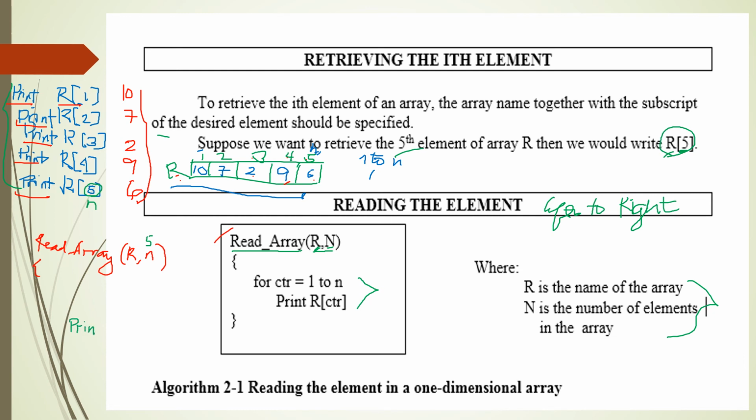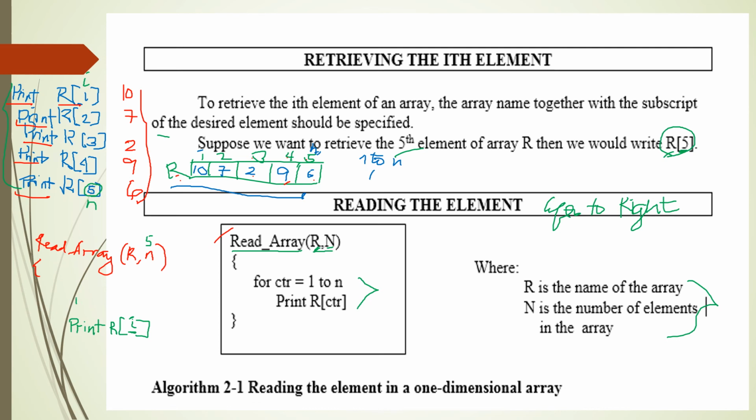So, what are we going to print? We're going to print R sub 1, 2, 3, 4, 5. So, we will replace a variable for these numbers 1 to 5. We could replace that with I. Then, what's the value of I?